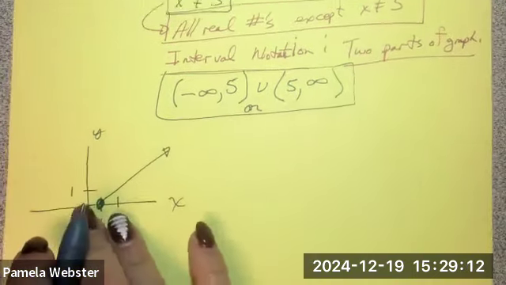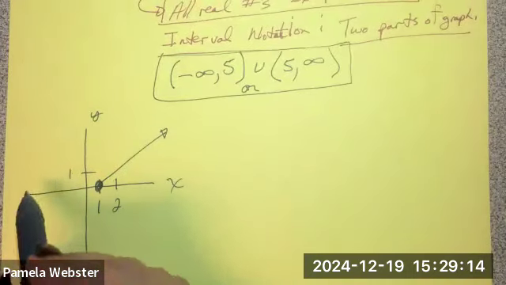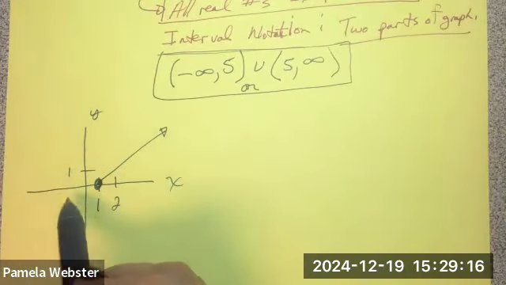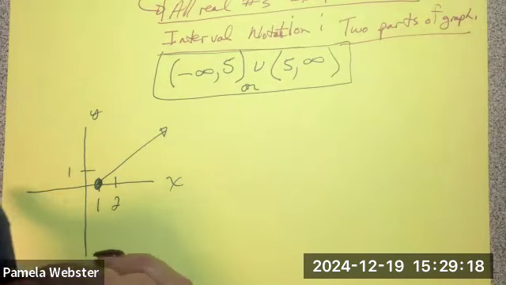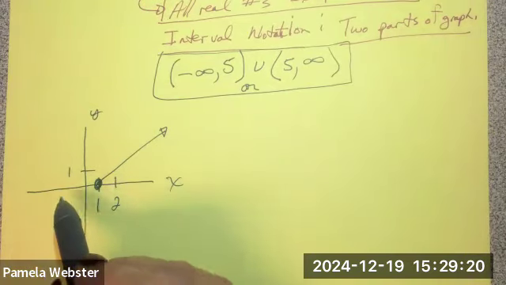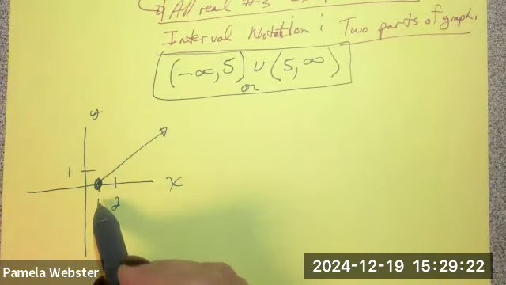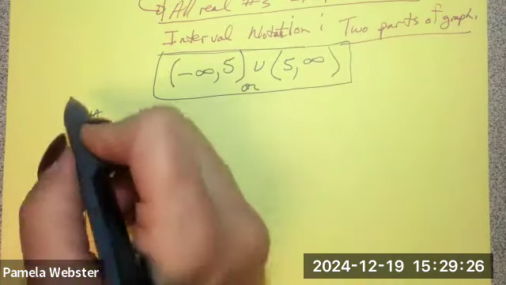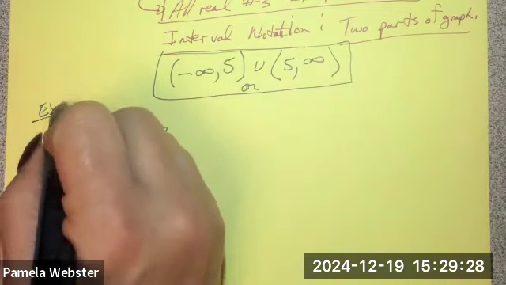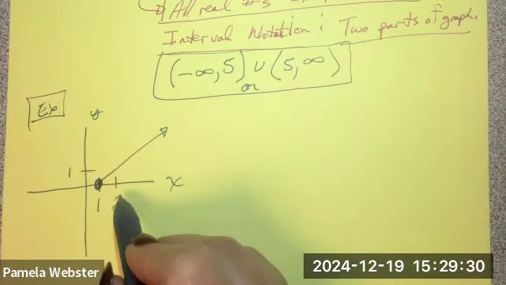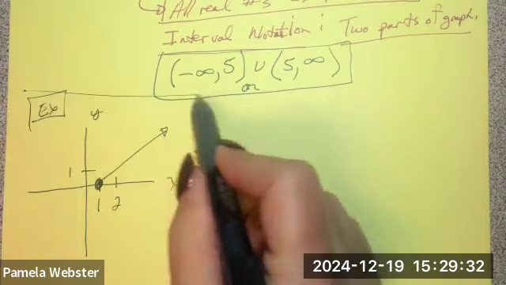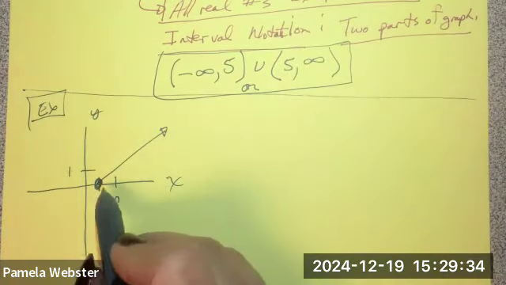If you wanted to do the interval notation on this, you go all the way to the left on the x values, but there's not a piece of the graph out there. So the farthest left is actually 1. That's where my domain starts in this case. So it's a separate example. It's not the same as what's up above, so don't get them confused, okay?